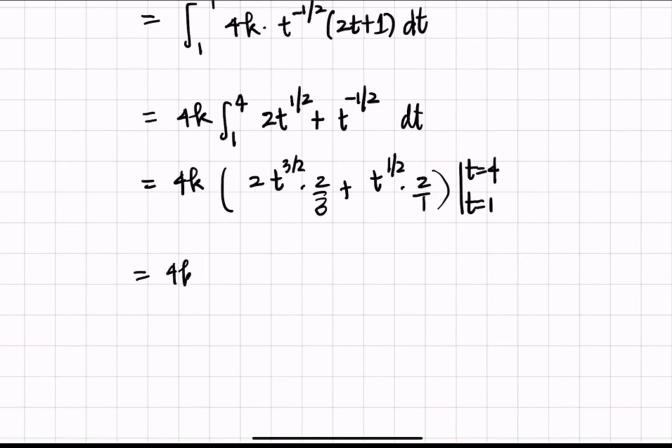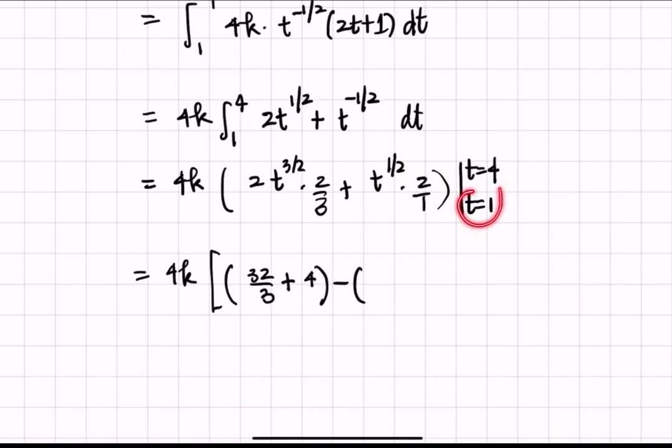So, 4k, plug in 4, t equal to 4. 4 raised to 1/2 is 2. Raised to 3 is 8. Times 2/3, and then divided by 3. Plus 4 raised to 1/2 is 2. Times 2 is 4.